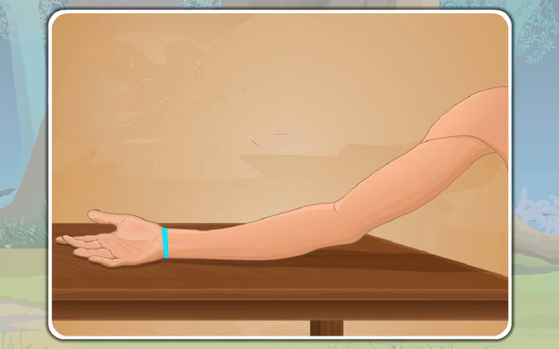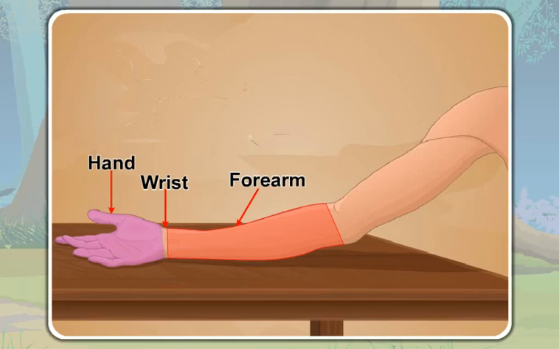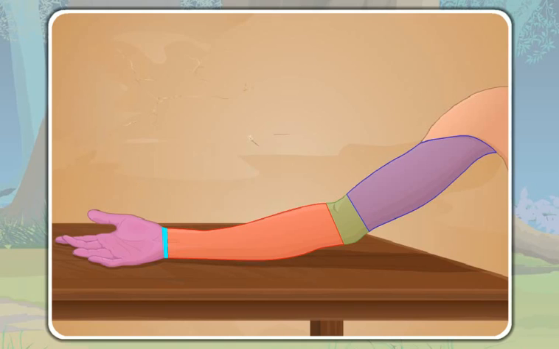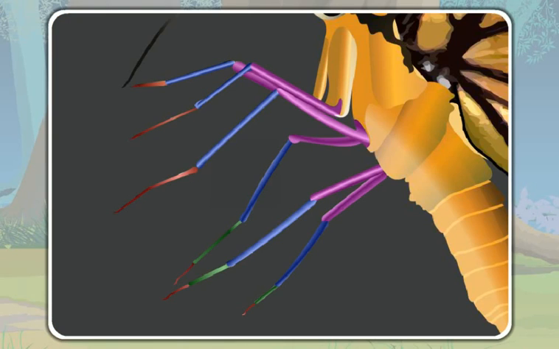This part of the human arm is a wrist. A wrist joins your hand with your forearm. So, a wrist is also a joint. So, a human arm has joints on it. Now, let us look at the legs of a butterfly.